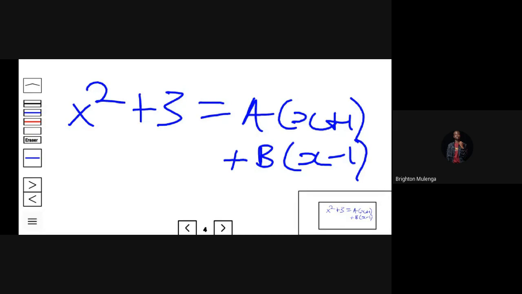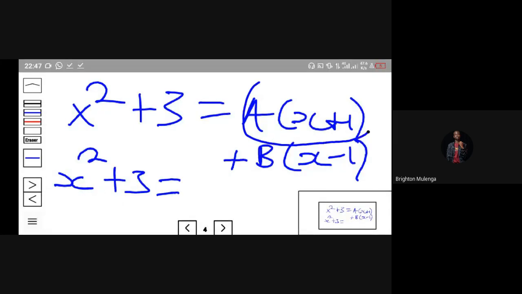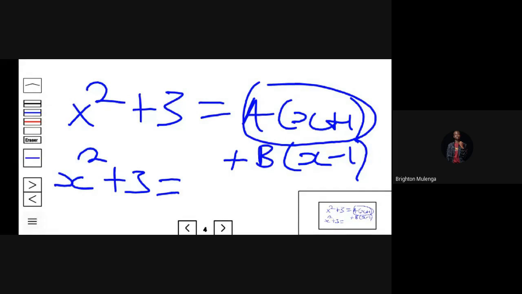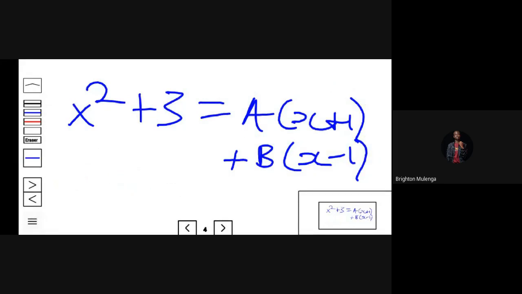Because already this is going to give us a 0, right? So you're also supposed to replace the x squared.